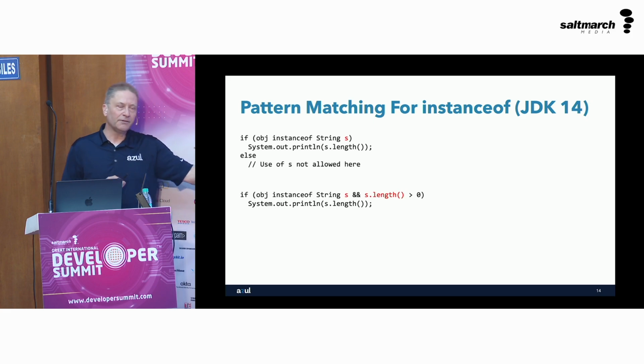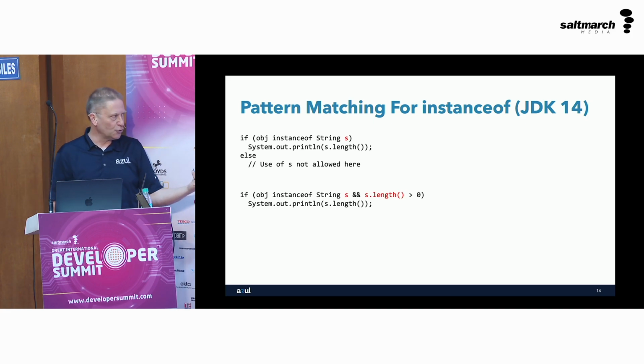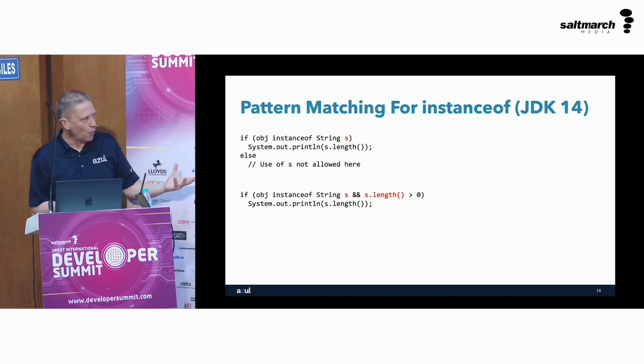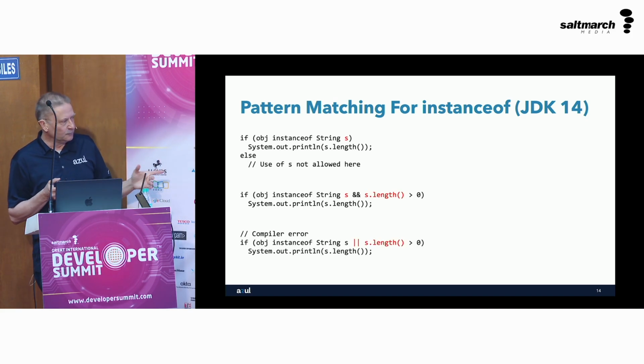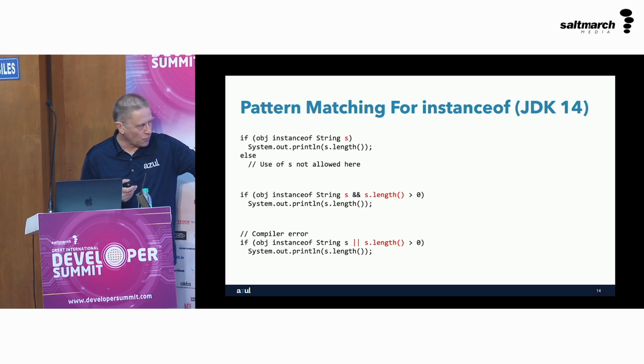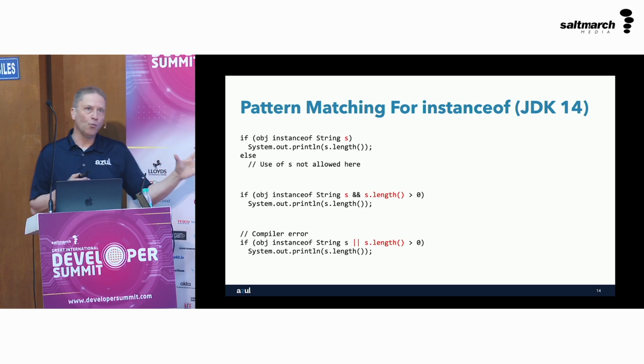So if we evaluate the left-hand side and it evaluates to true, we know that we have a string, so s is in scope and is valid. So on the right-hand side, if we try to call s.length being greater than 0, it will work quite happily and the compiler can do that. If, however, we were to try and do the same thing with an OR, that wouldn't work.